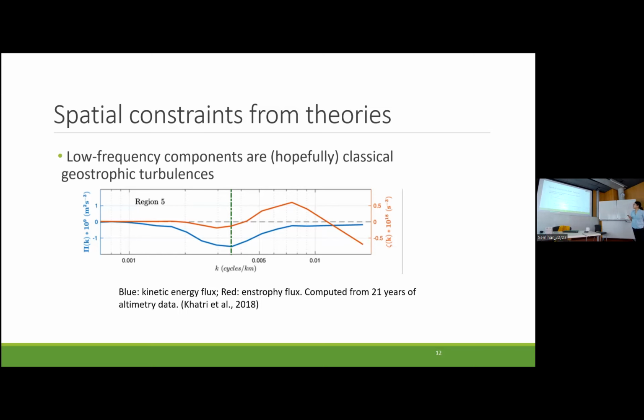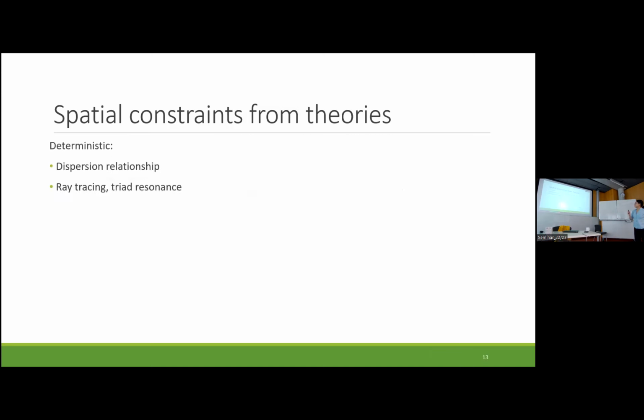So this is a constraint for internal tides, because the geostrophic turbulence component is a major component in the sea surface height you observe. So this is saying that the remainder from the high frequency motion should obey some constraint, spatially speaking.